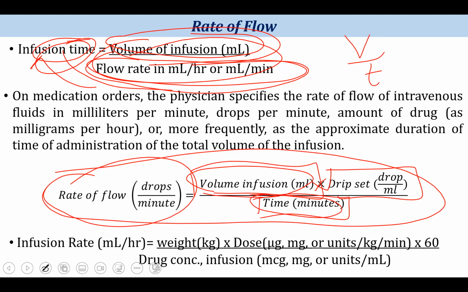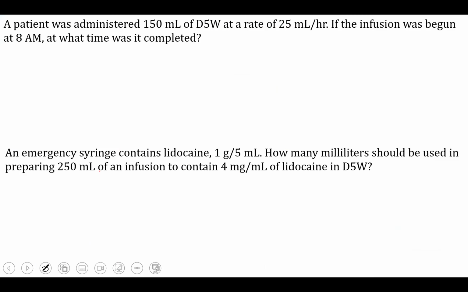Or I will provide you the volume, I will provide you the drip set, and I'll tell you, inject this within 5 hours. So what would be your flow rate, correct? Either way, I will ask you for drops per minute or I will ask you the time. And always the ml and drip set will be provided, correct?